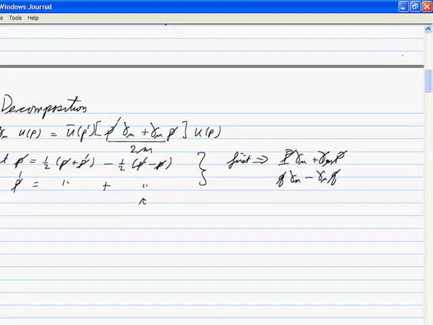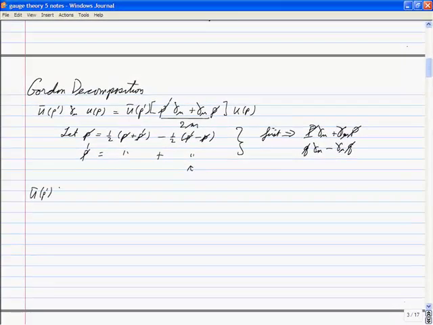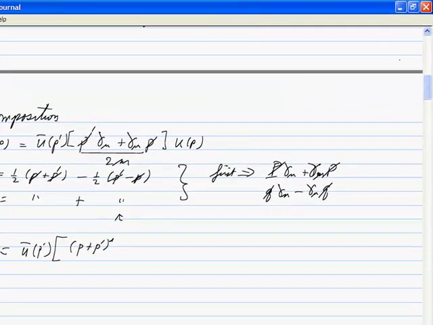We end up with u bar p prime gamma mu u of p is u bar p prime, (p plus p prime) mu over 2m plus i sigma mu nu q nu over 2m, u of p. Okay, so that's the Gordon decomposition.